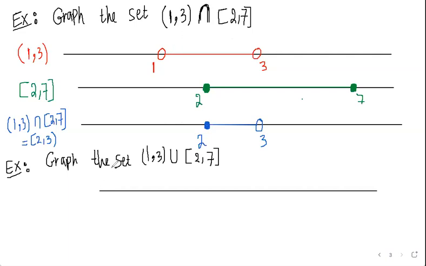So for the third one, the union, as I said before, it's all values in A and in both A and B. So here it is the values from 1 to 3. First, you have to graph from 1 to 3 like this. I'm going to use this color. So you go down like this, at 1, open circle, graph from 1 to 3 in this line. Here is the 1 and here is the 3. Graph this one first.